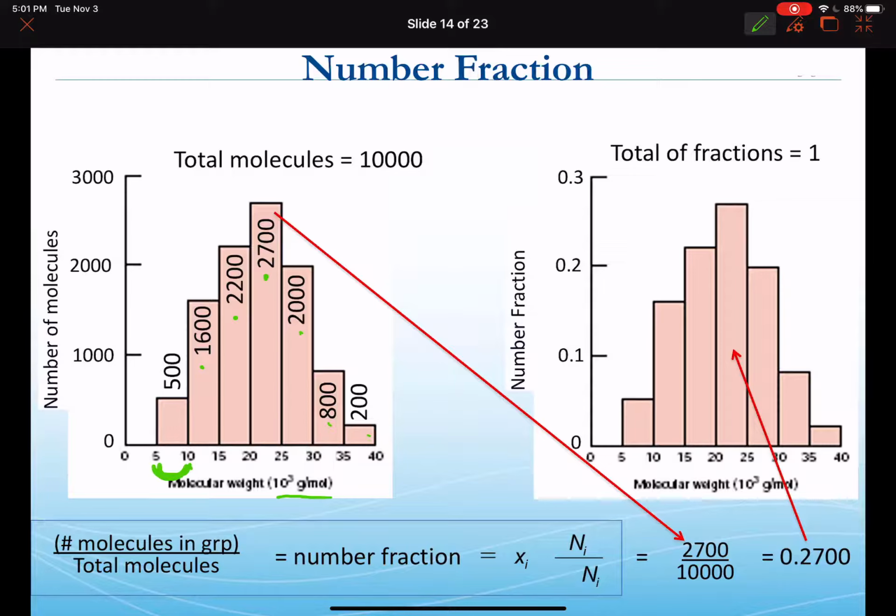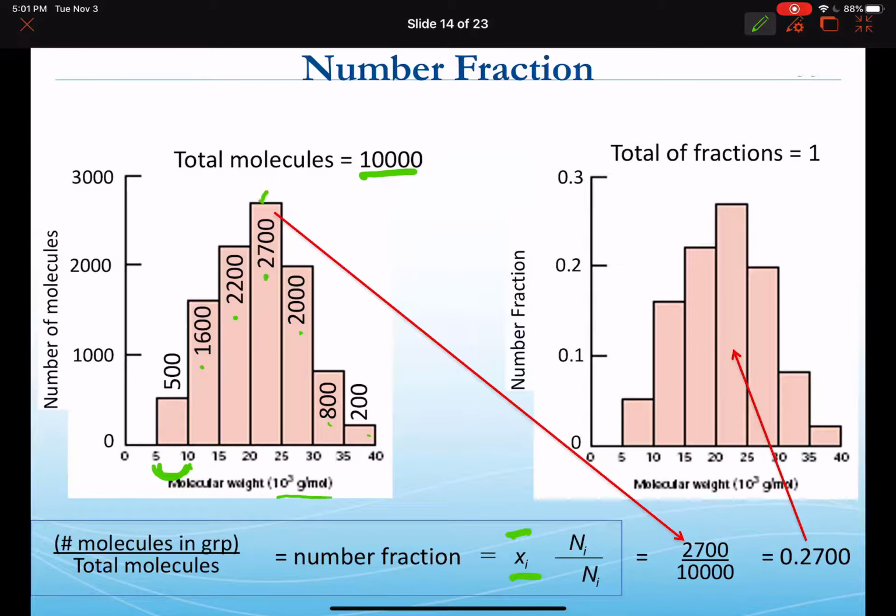So notice now that we're well past the 10 students, quote unquote, and we're now dealing with a sample of about 10,000 molecules instead. Okay, to determine number fraction, same ideas as before.